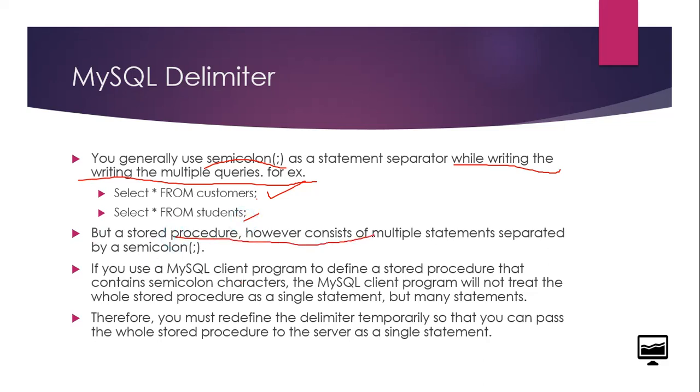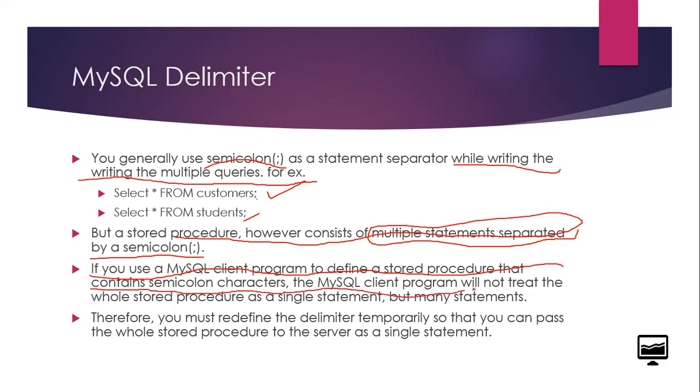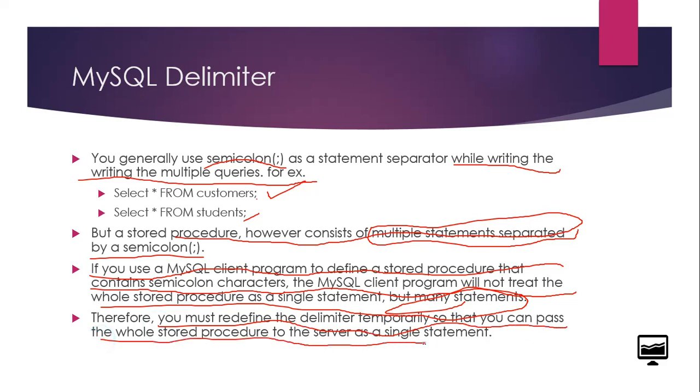But a stored procedure consists of multiple statements separated by a semicolon, as I said earlier. If you use a MySQL client program to define a stored procedure that contains the semicolon character, the MySQL client program will not treat the whole stored procedure as one but as many statements. Therefore, you must redefine the delimiter temporarily so that you can pass the whole stored procedure to the server as a single statement.